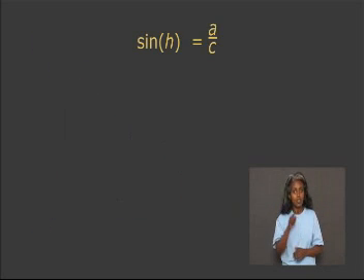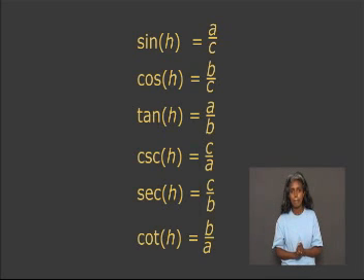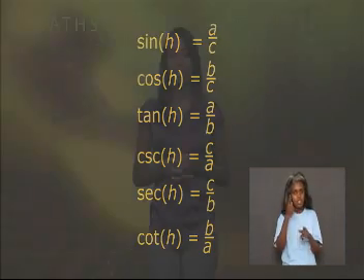You will also notice that the sine of angle H, A over C, is also the cosine of angle S. The cotangent for H becomes the tangent for S. Each function has a companion, a friend who has just the same value.